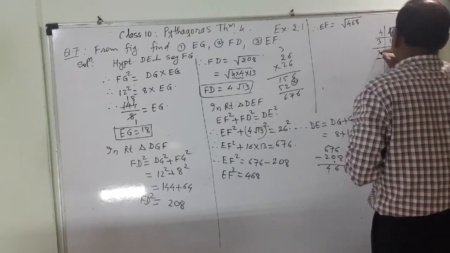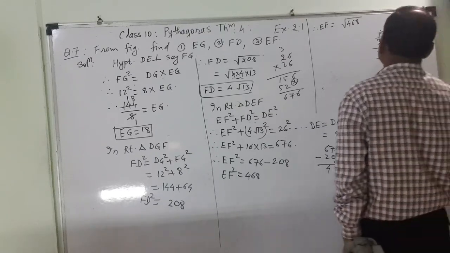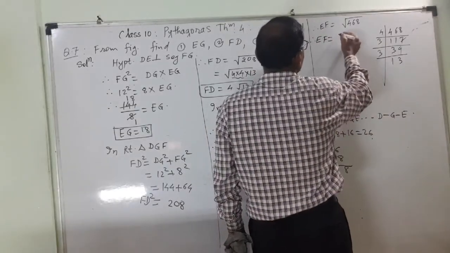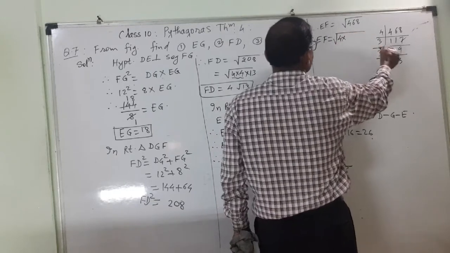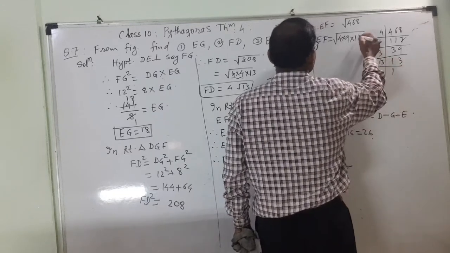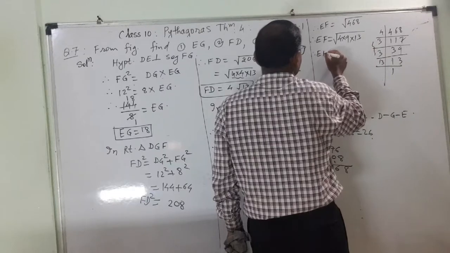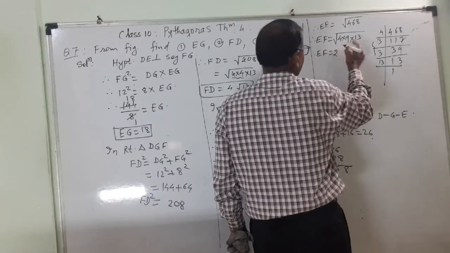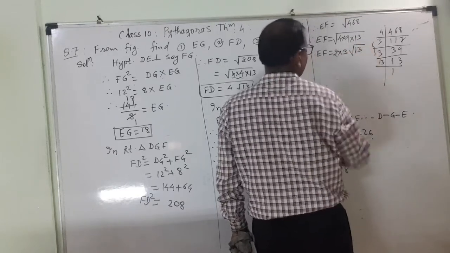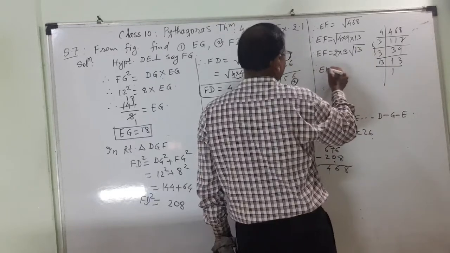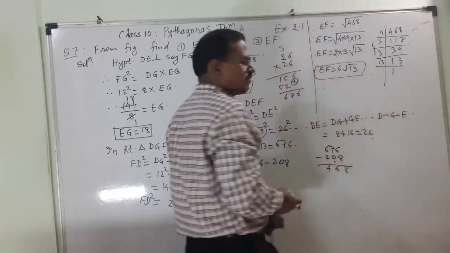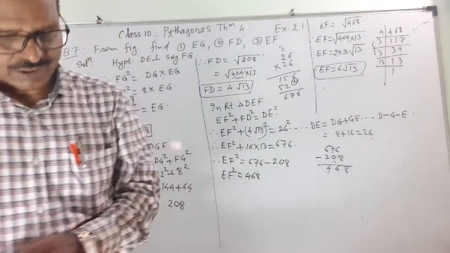So instead of writing directly, we would have done like this. Therefore, EF equal to under root of 4 into 9 into 13. Therefore, EF equal to 2 into 3, and the 13 will be remaining in under root sign. Therefore, EF equal to 6 root 13. So this way all the answers you will write properly. Hope that you have understood this.